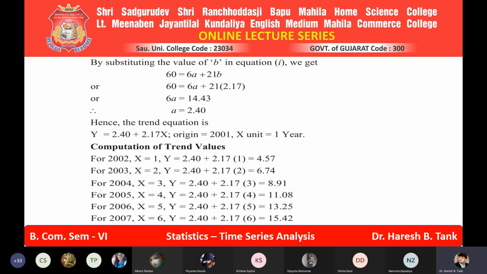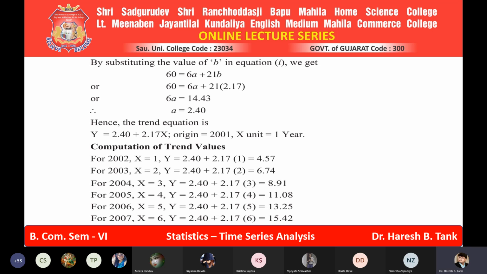In this linear equation, if you substitute different values of x, you will get y calculated. And this y calculated is nothing but your trend values. That is to be shown in the table.